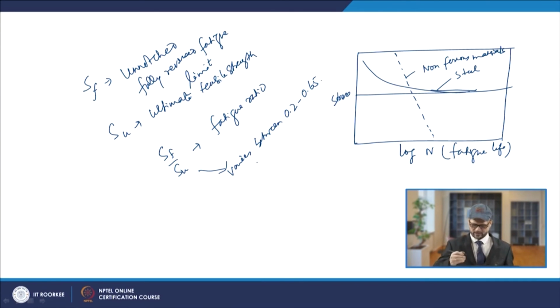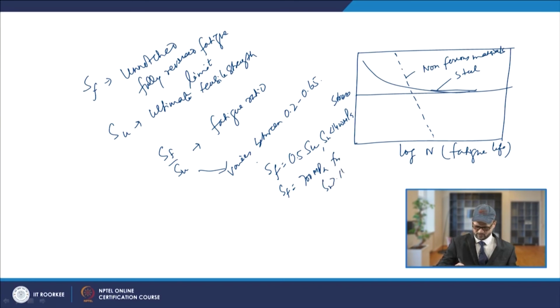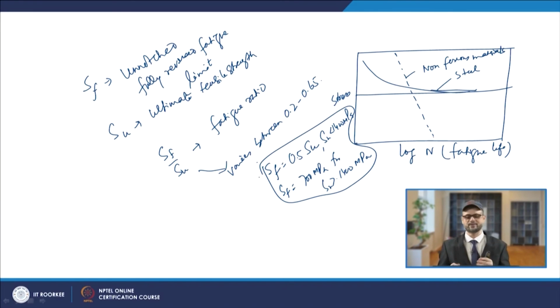There are also some generalized equations, like SF will be 0.5 SU when your SU is less than 1400 megapascal, and SF will be 700 megapascal for SU more than 1400 megapascal. These are the relationships by which you can calculate SF.